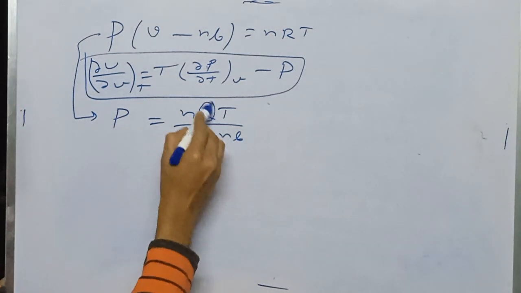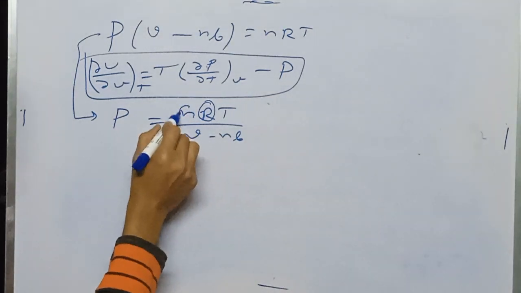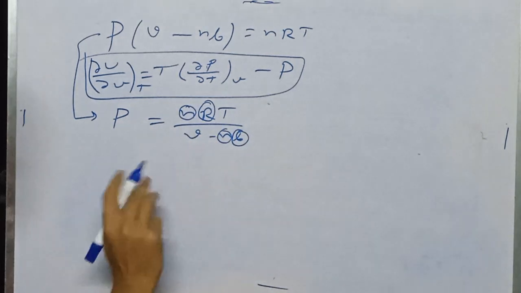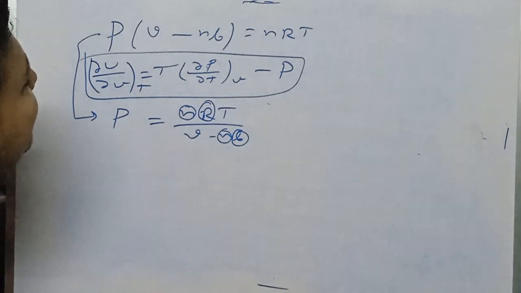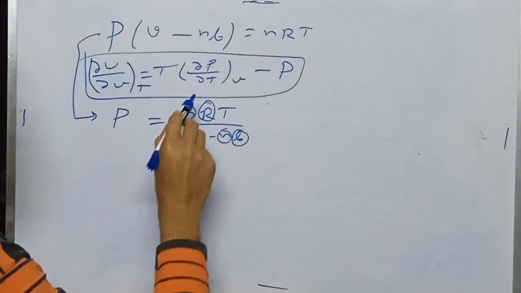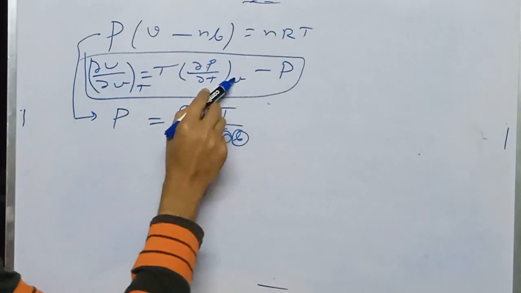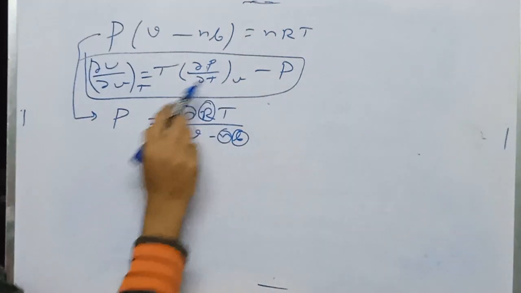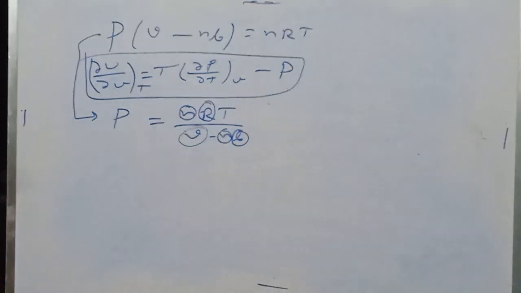Now here R is a universal constant, and in our experiment the values of n and b are also constant, and we shall obtain the value of del P del T at constant V, because here V is in the suffix. So volume is constant or unchanged here.